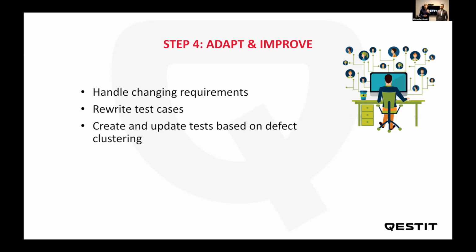And if we see some kind of defect clustering in our system, it can create more test cases on that part, and also shift and create dynamic test cases for us. So we will have a more enhanced experience all the time. We will create the basic test cases together with AI, and then we'll let the AI adapt and improve our test cases over time.